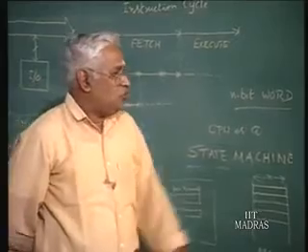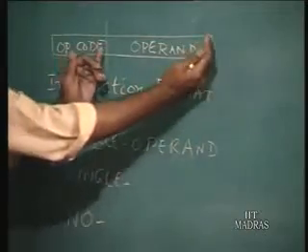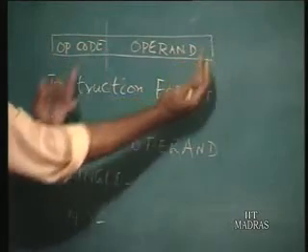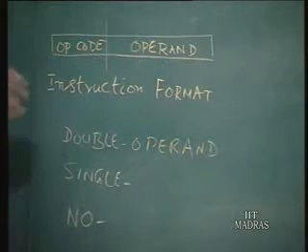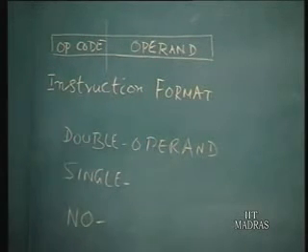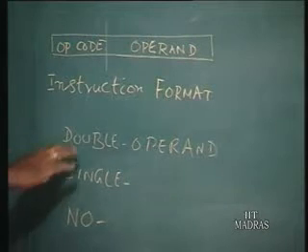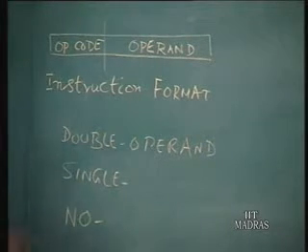Okay. So the instruction format generally must take care of reference to at least two operands. There are processors which take care of even more than two operands, but of late, generally we have only this double operand, single operand, or no operand instructions.